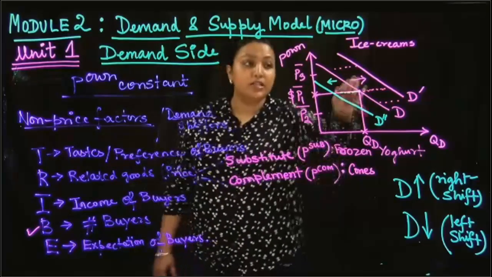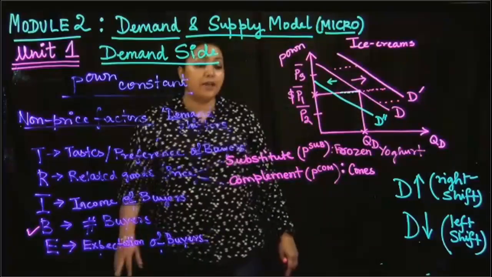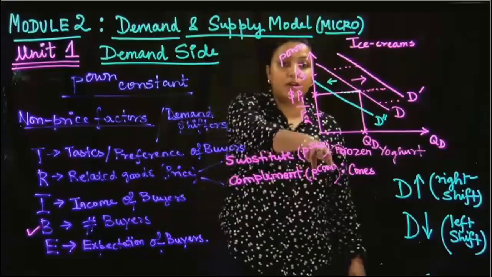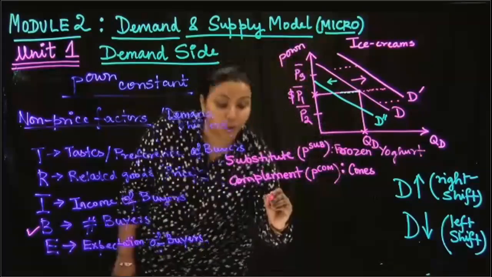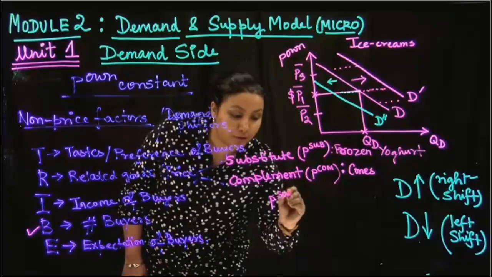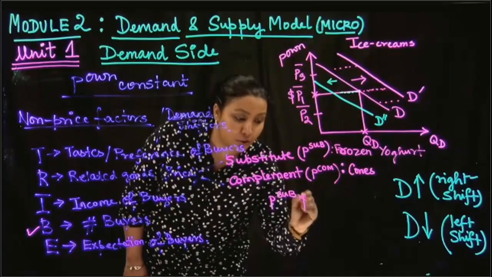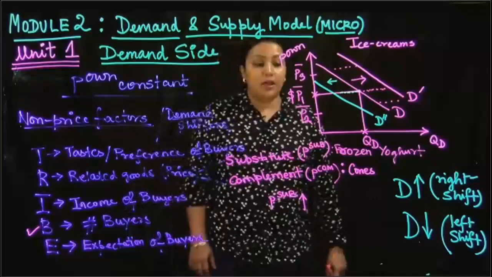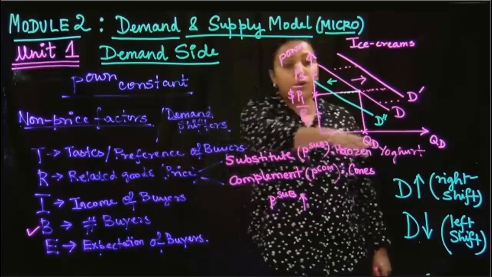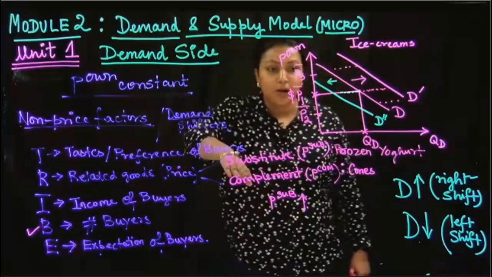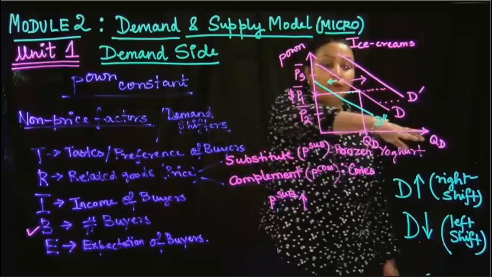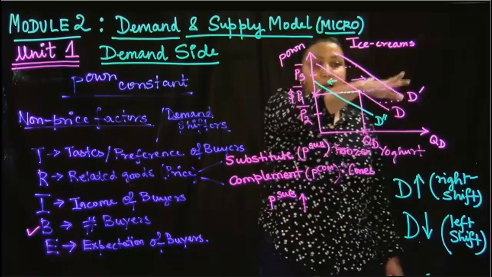Now what would you see in the ice cream market if there was an increase in the price of a substitute? Please note, if the price of a substitute went up, if the price of frozen yogurt went up, then people would now prefer to eat frozen yogurt instead of ice cream.